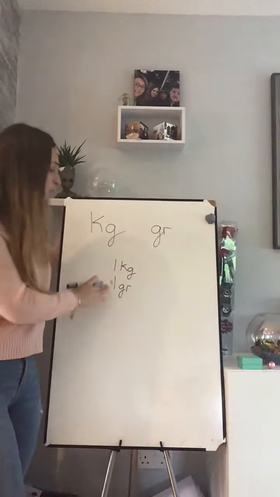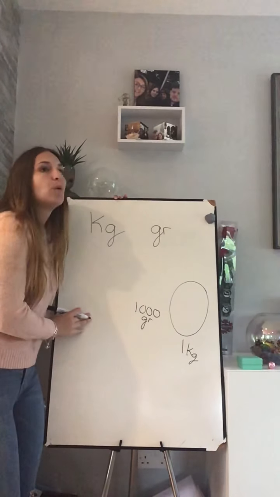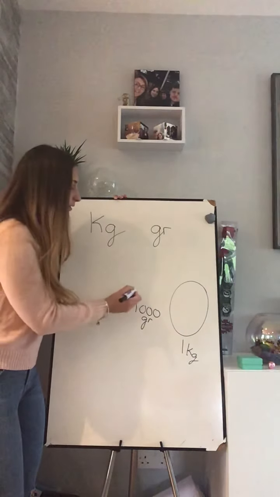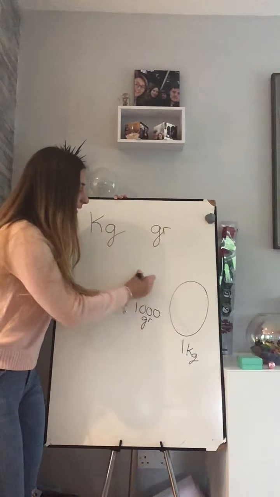I need 1,000. Now some of you only know up to 100, so 1,000 is a lot. I need 1,000 grams to weigh the same as 1 kilogram. So if I have a chocolate coin that weighs 1 gram, to be able to get 1 kilo of chocolate coins, you will need to have 1,000 chocolate coins.